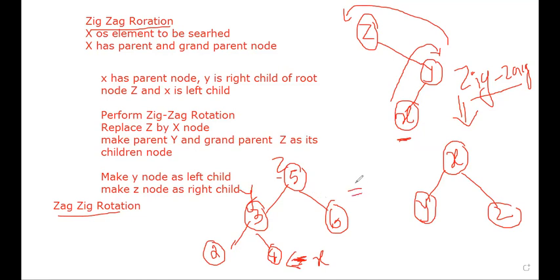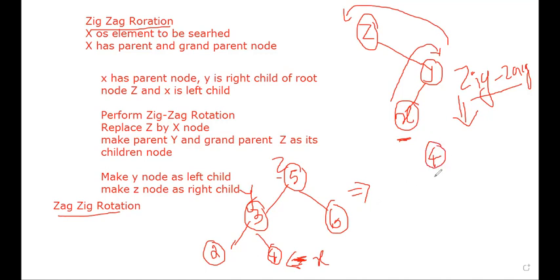Now, what is the resulting graph of this example? X is 4, which is placed at the root node.